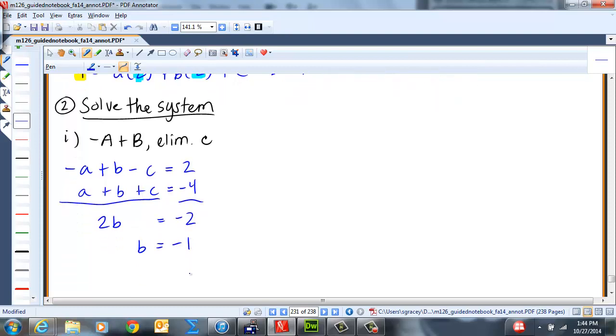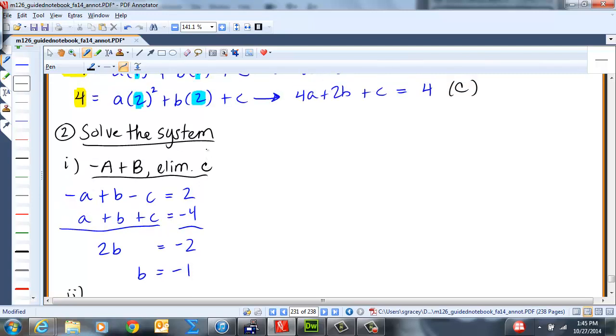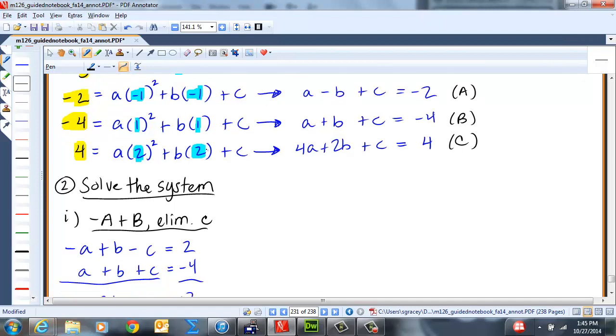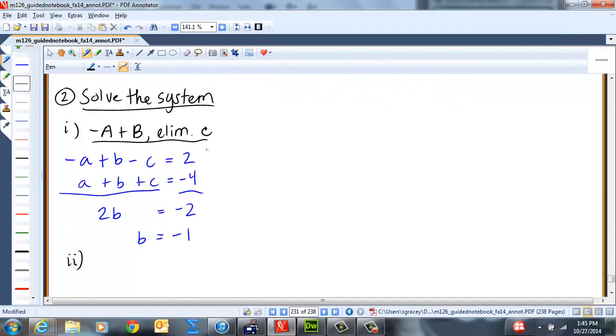Okay, so now our second step. We know what b is. So let's go ahead and eliminate c again.